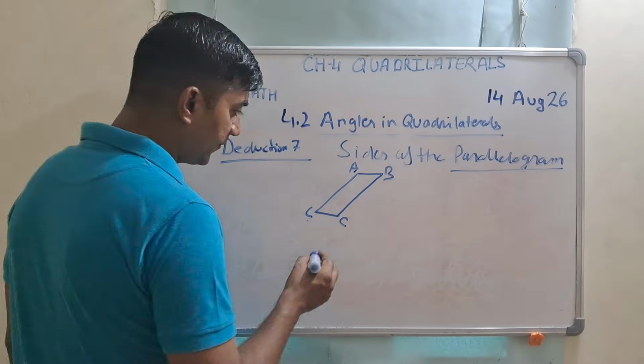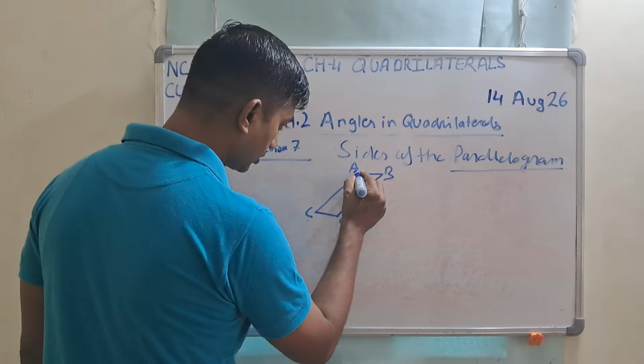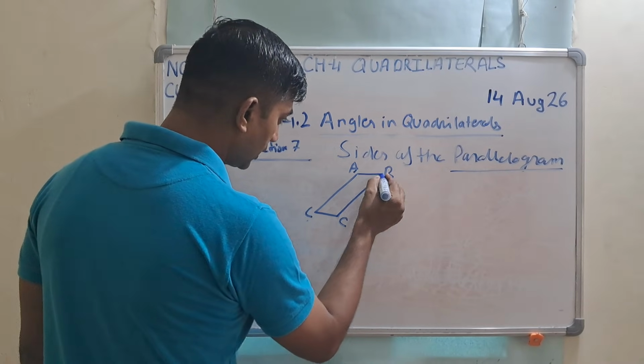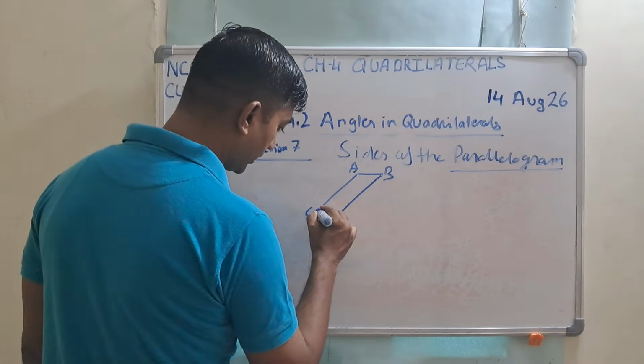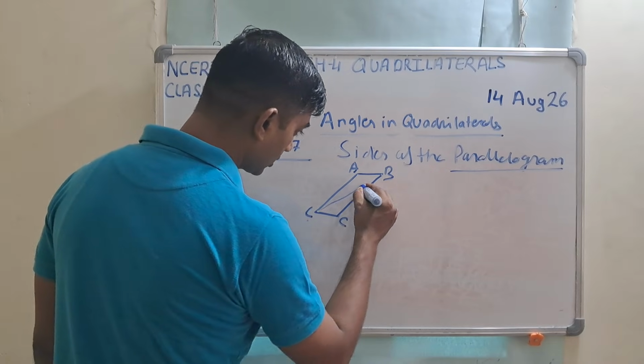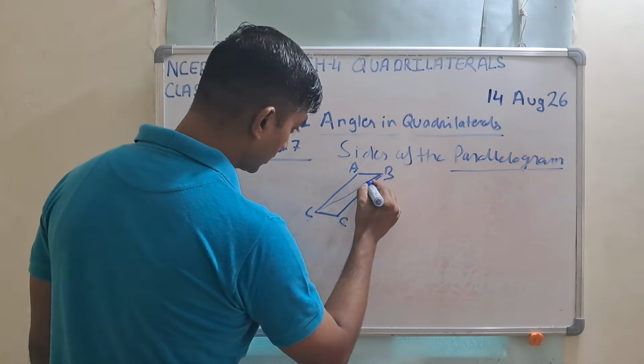Now, if we draw, say, we join the diagonal BD.